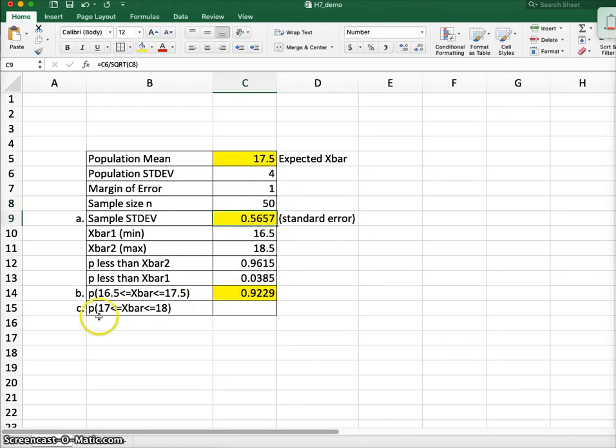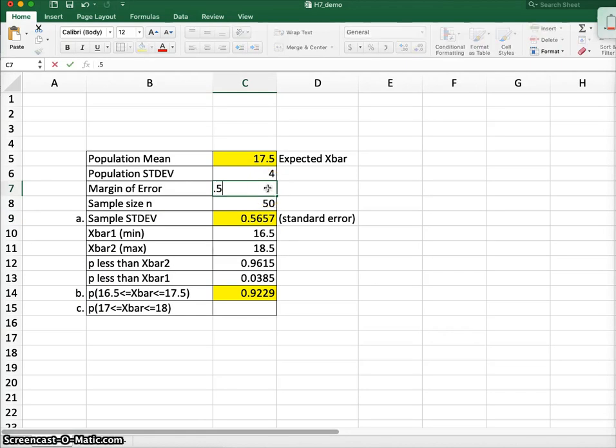Now, C wants to know, if the population mean is 17.5, what's the probability that I would get a sample mean within a half week on either side? I'll just change this margin of error to 0.5.